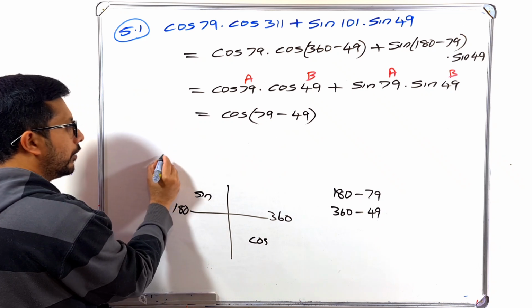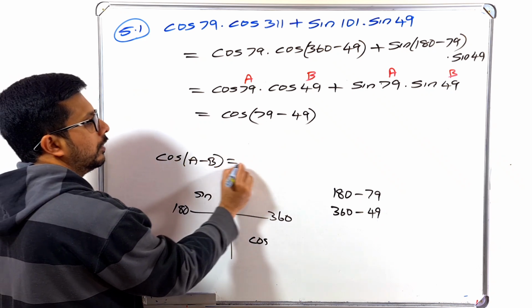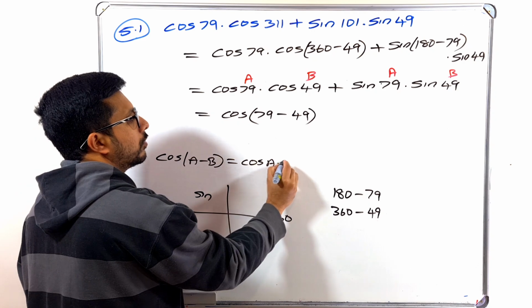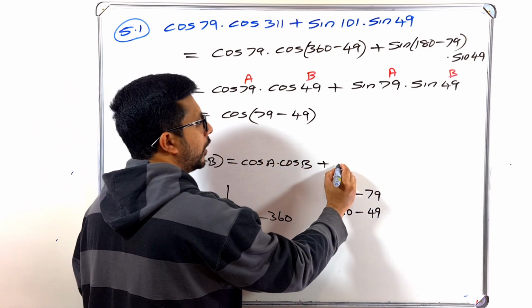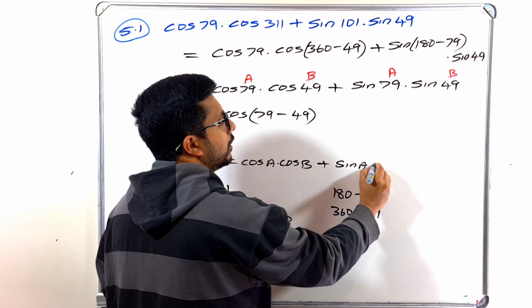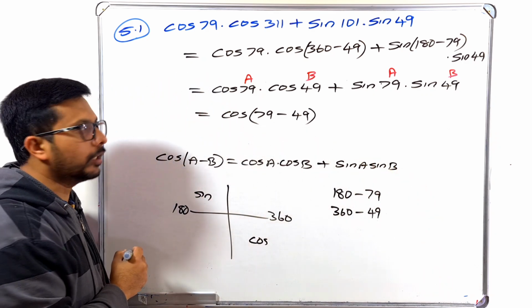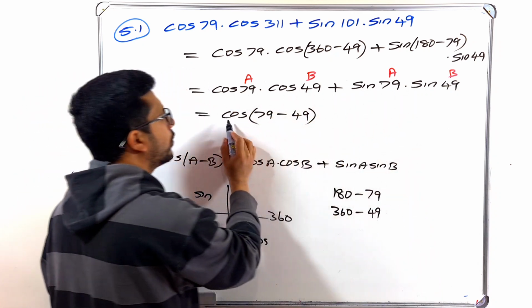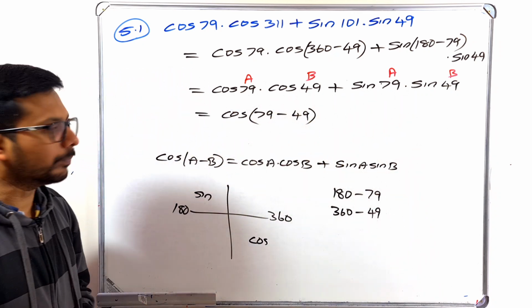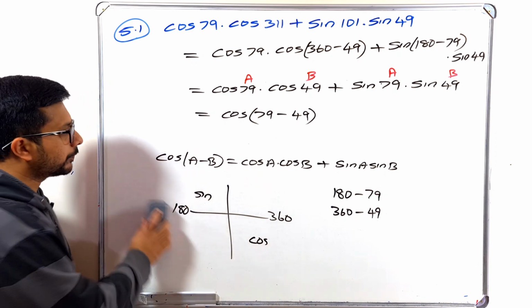You studied a formula like this. Cos of A minus B is equal to cos A cos B, where here it is minus, here it is plus, sin A sin B. This is the formula that you studied. So similarly, cos A cos B plus sin A sin B is cos of A minus B. So what is 79 minus 49? 30.